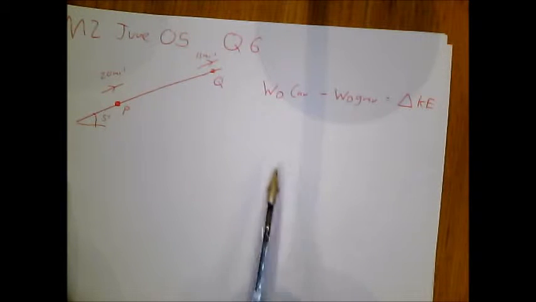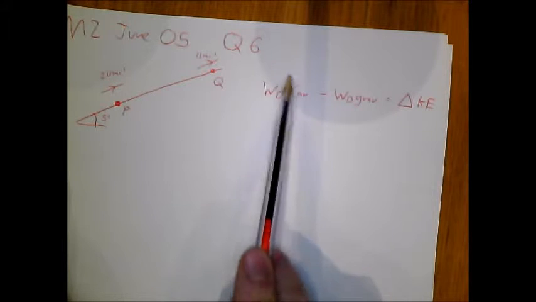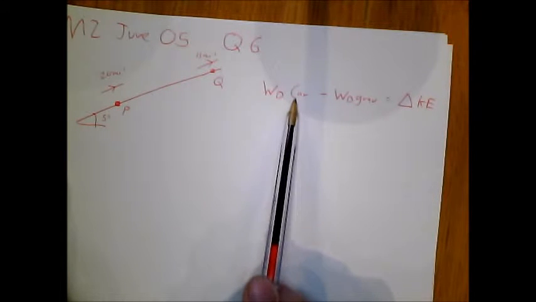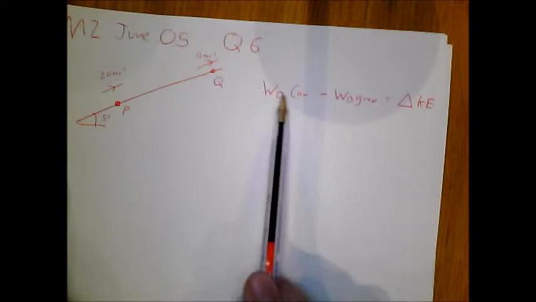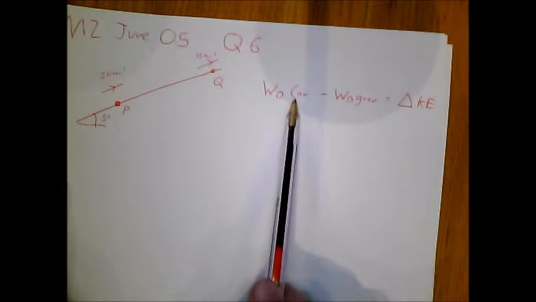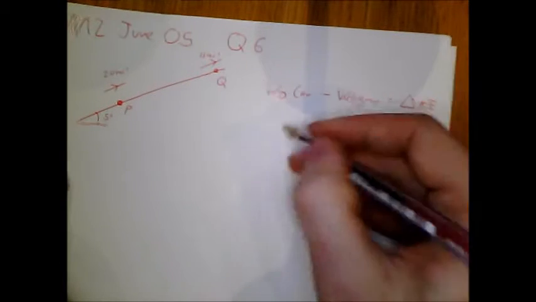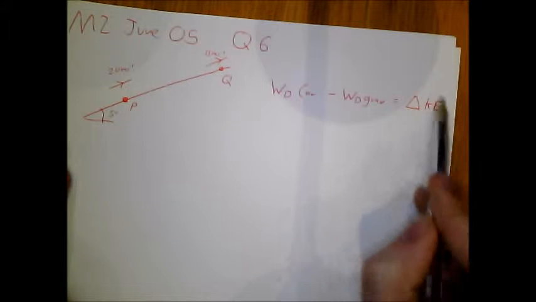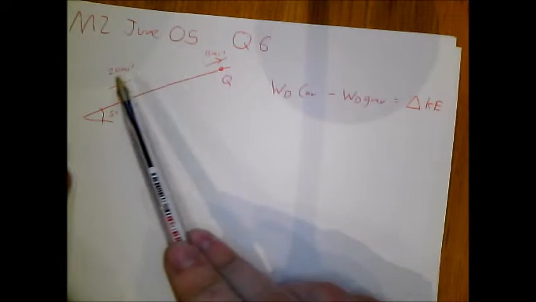Okay, this is quite important. You may see this a different way, but I just want the work done by the car only, and the work done by gravity is working against us. So this is going to be taking away some of our work done from the car to generate this change in kinetic energy.